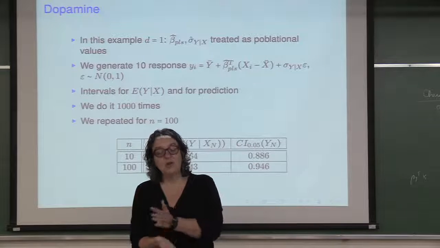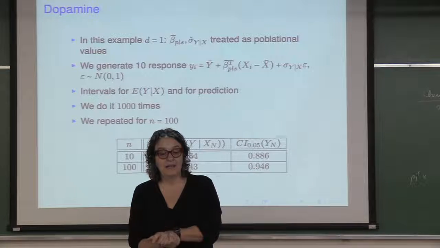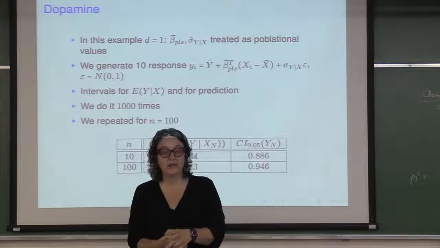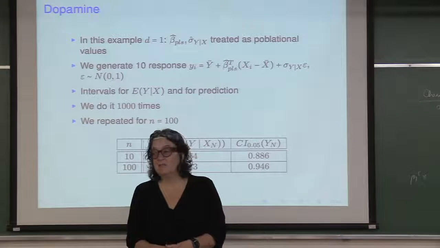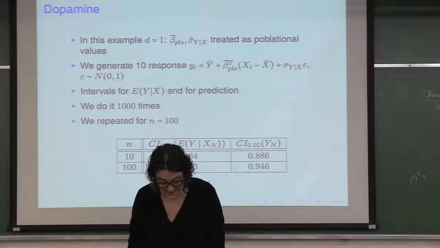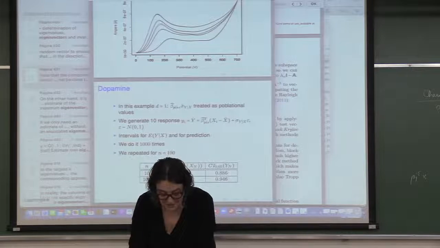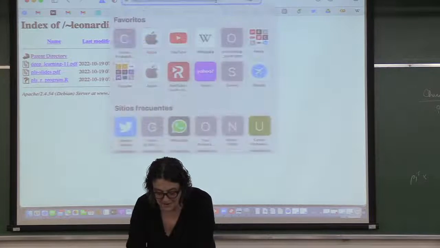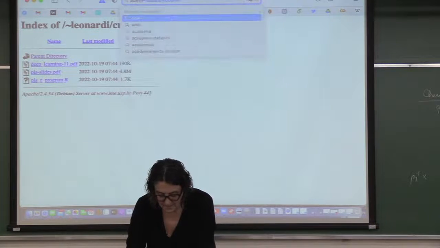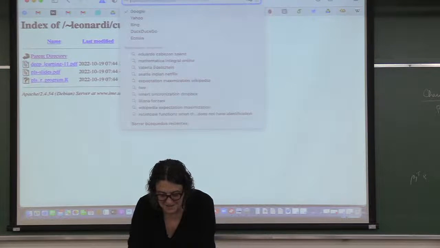Even for Q equal 1, we have to compute the expectation of the Wishart distribution of higher order. And then I want to show you something. I will show you a page.